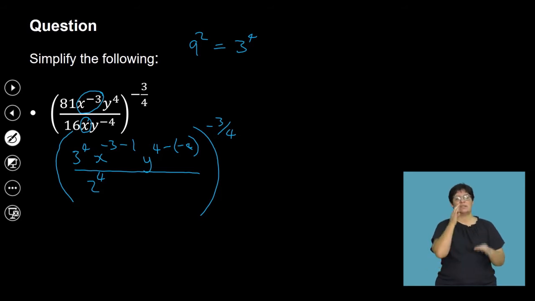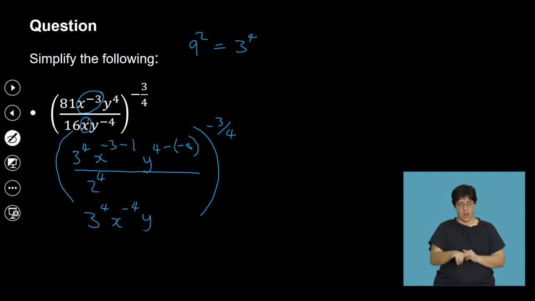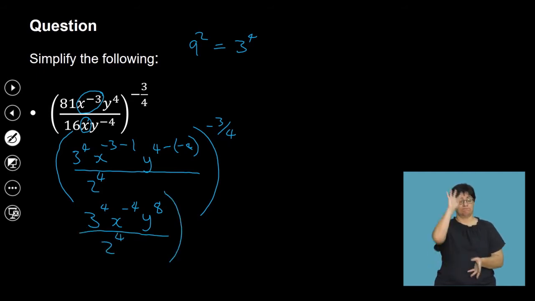From there, you simplify what we have inside here. So it therefore becomes 3 to the exponent of 4, x to the exponent of negative 4, y to the exponent of 8, and all of this is divided by 2 to the exponent of 4. And then all of this is raised to negative 3 over 4.